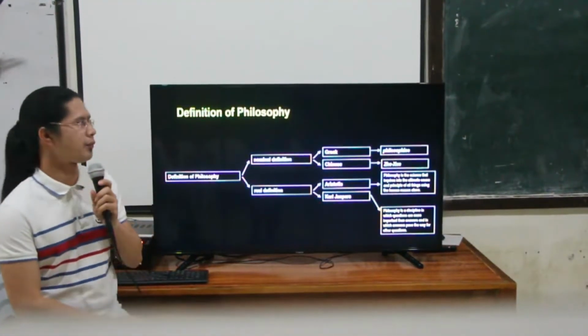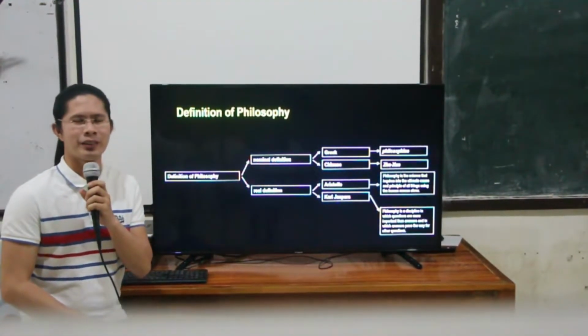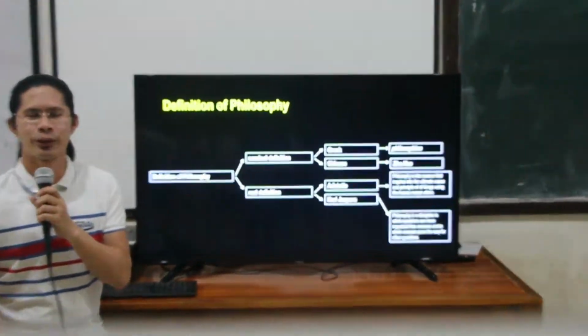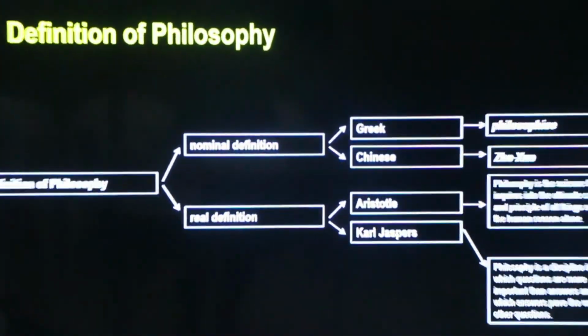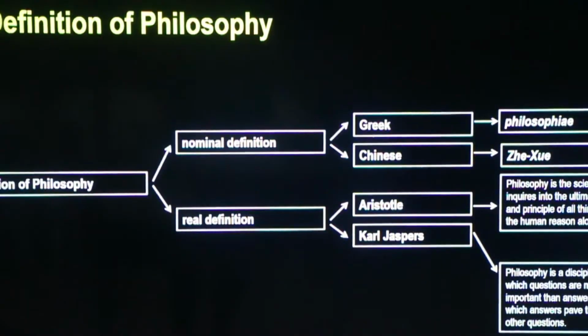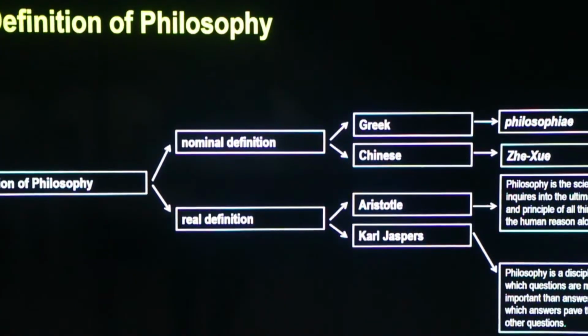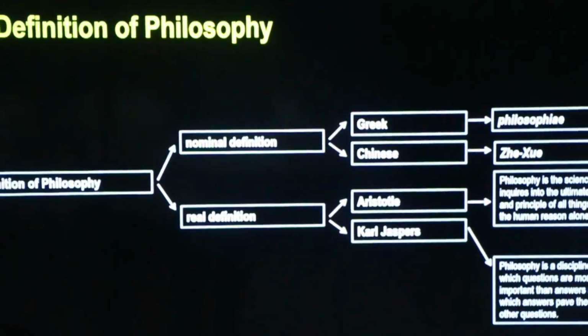So, firstly, we'll deal with the definition of philosophy. Now, there are two ways to define a term. First is to look at the nominal definition of a term, and second is its real definition.